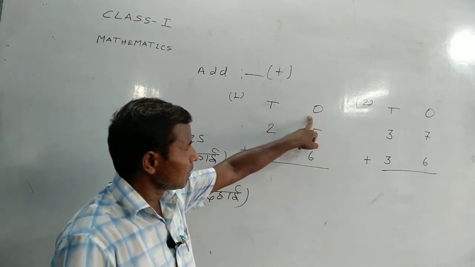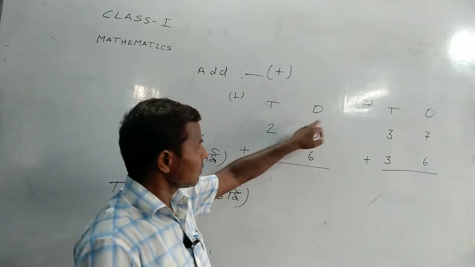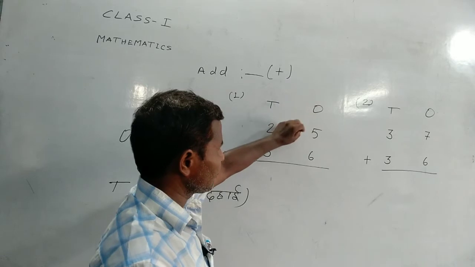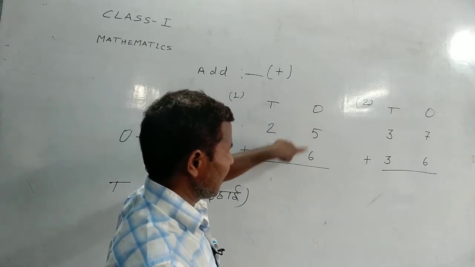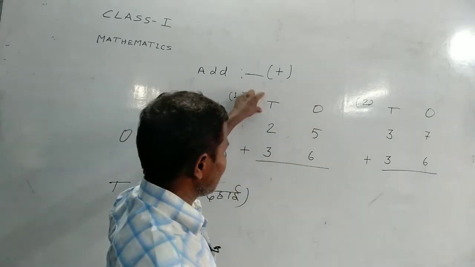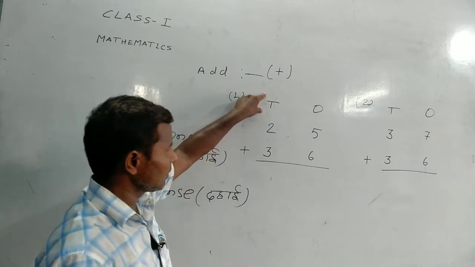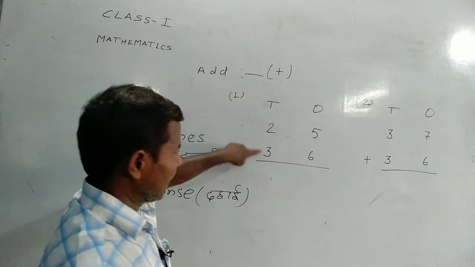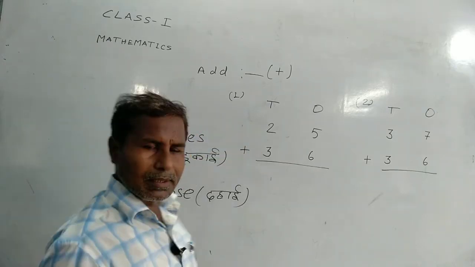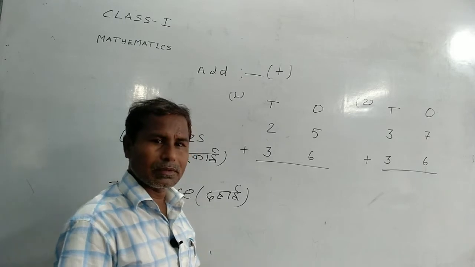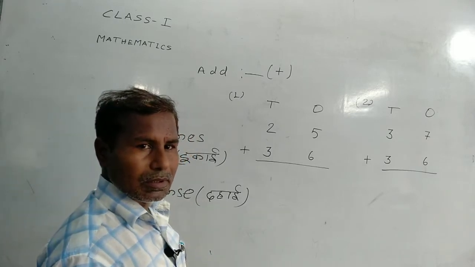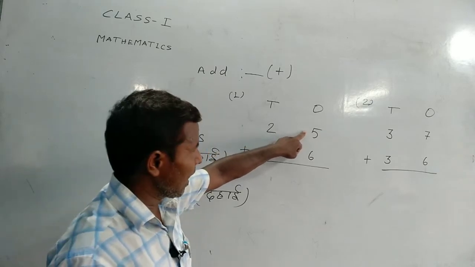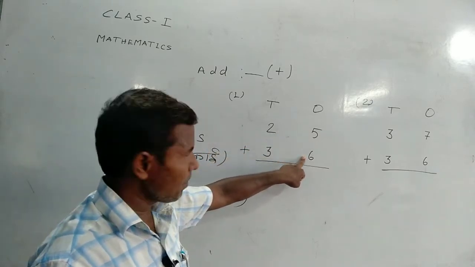Here are written under ones some numbers, 5 and 6. Under tens is written 2 and 3. First of all, you have to find out the sum of 5 and 6.